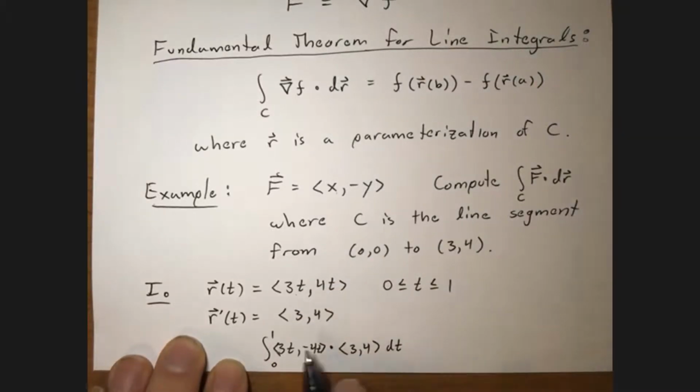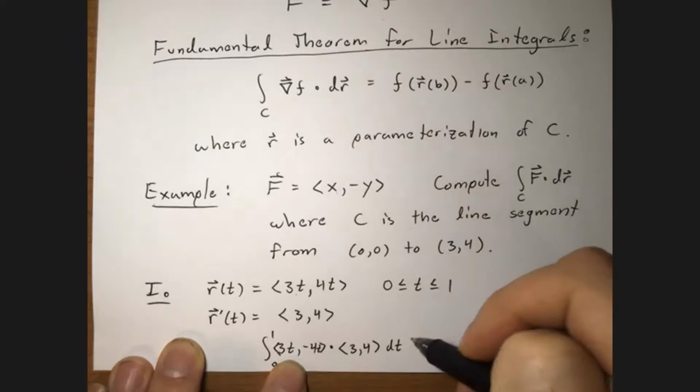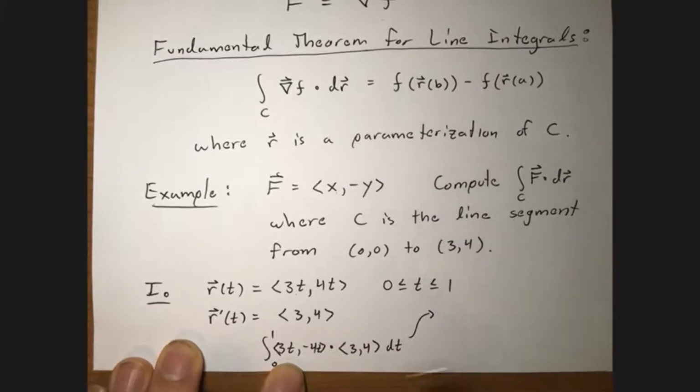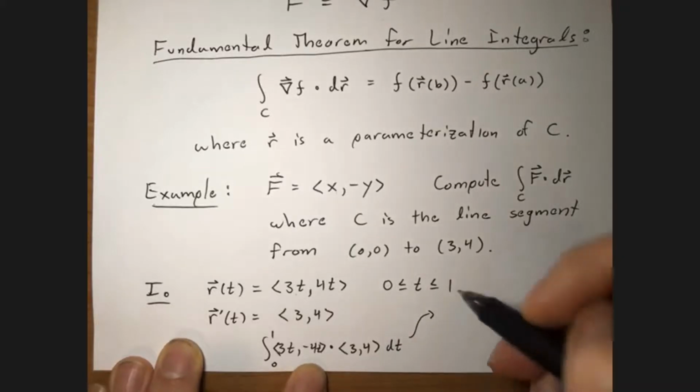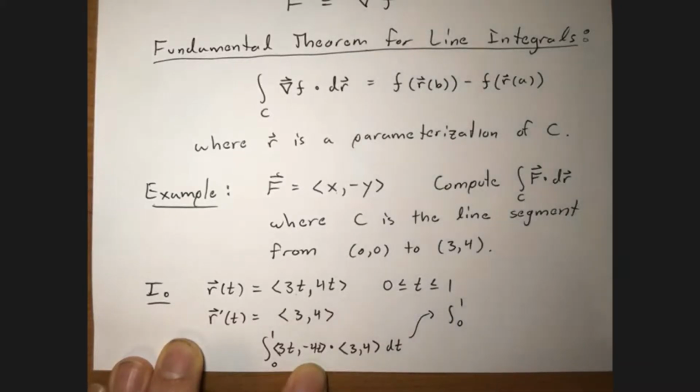All right, so let's do this dot product. So that is 9t minus 16t when I take the dot product. So that is negative 7t dt. All right, 9t minus 16t, yeah.